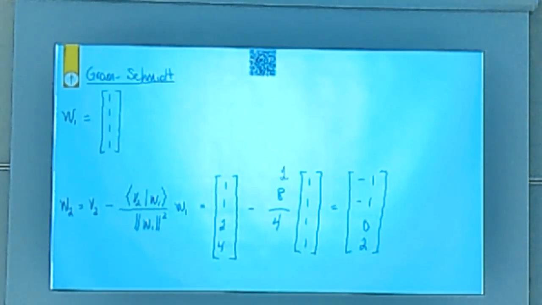Oh, it's minus 6. Okay. Makes sense. Negative 3 minus 6, negative 9.